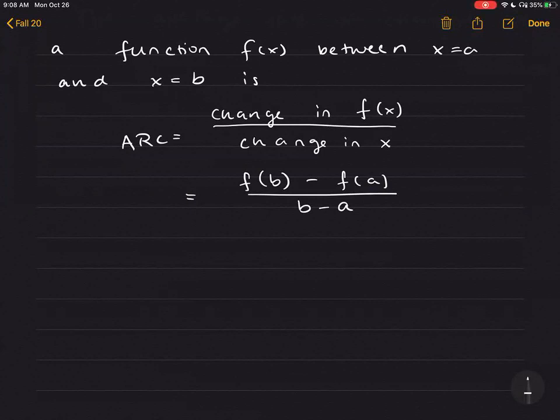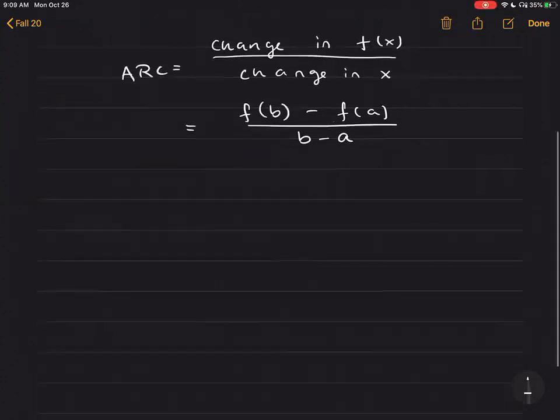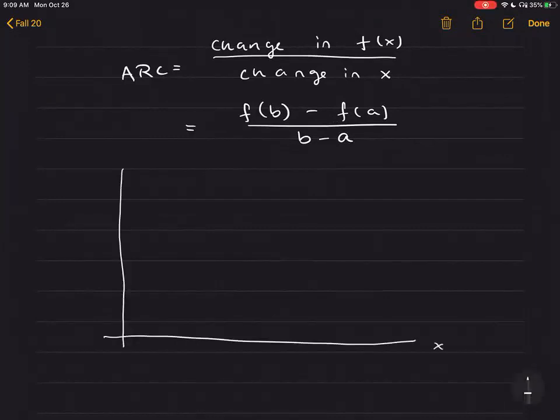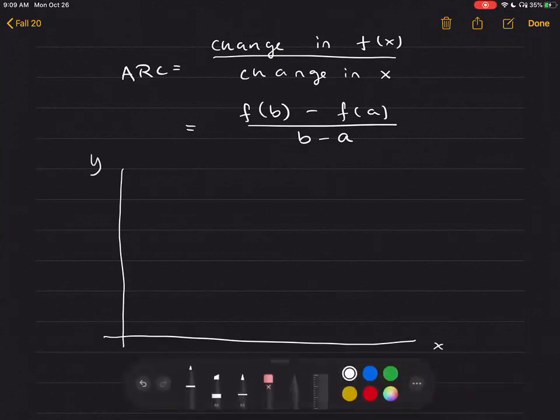Cool. So some of you might notice this looks very similar to the formula for finding the slope of a line, right? Where we had rise over run. So that's because if we look at a graph of a function, so if we look at x and y, we have some function here. Let's do something like this, make it wiggle.